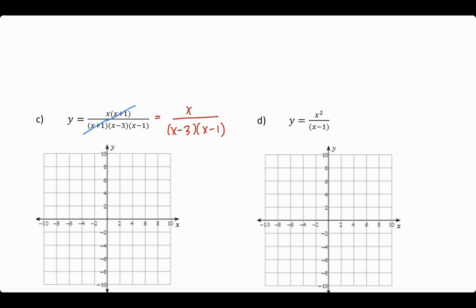We're going to have 2 vertical asymptotes. Does that mean there'll be nothing in the middle? No. So I have x equals 3 and x equals 1. Those are my vertical asymptotes, because x is not 3, 1, or -1.